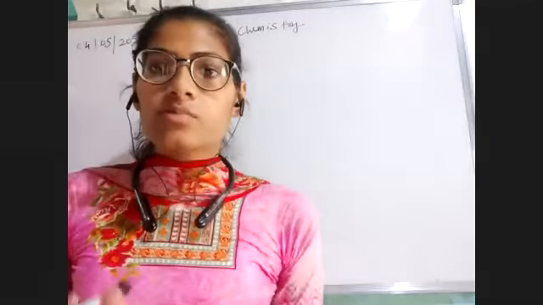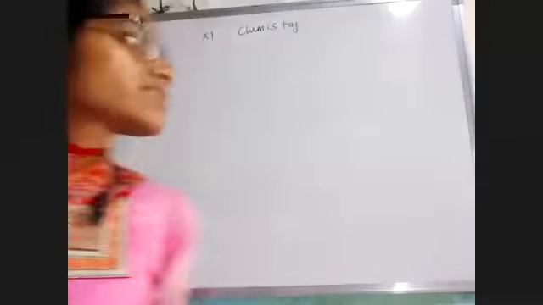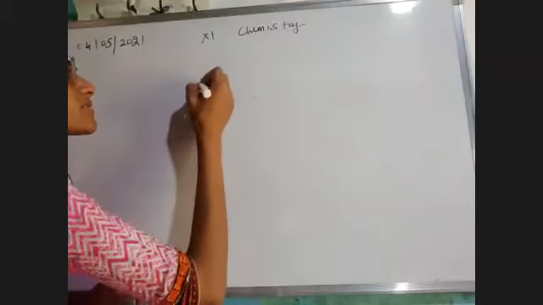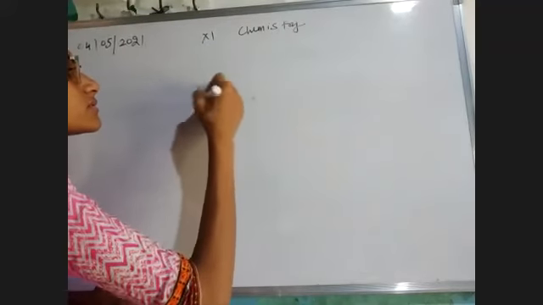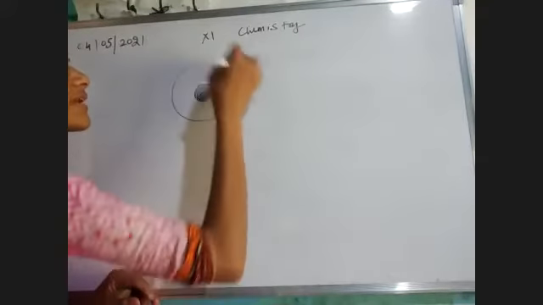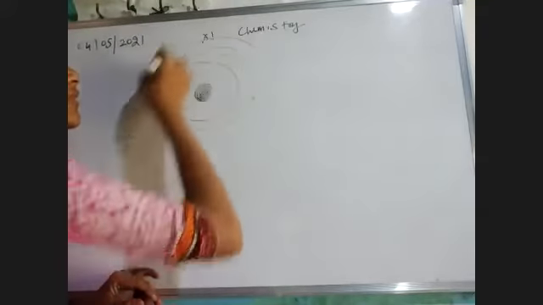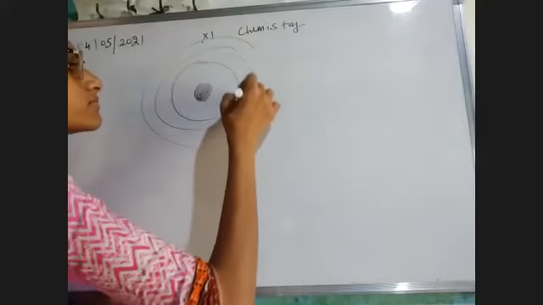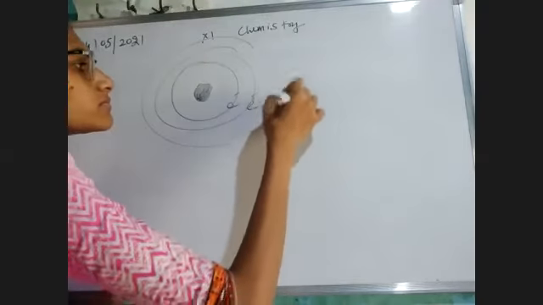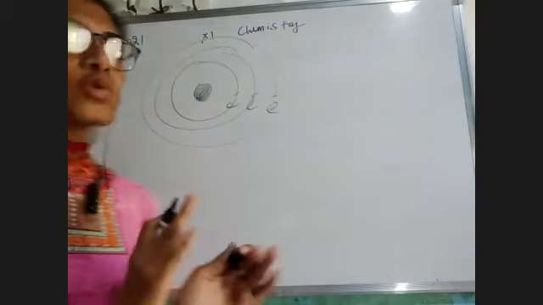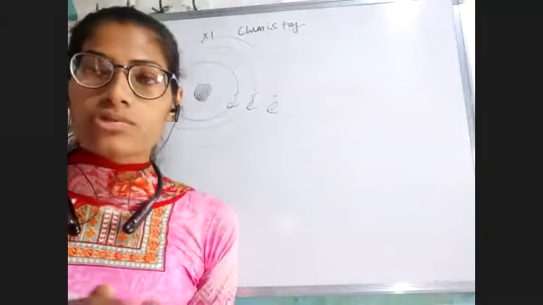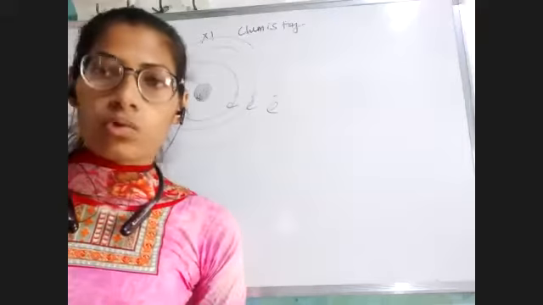He also gave us a rough idea that there is a central nucleus and electrons revolving around it. He was quite sure that he had given all the points.